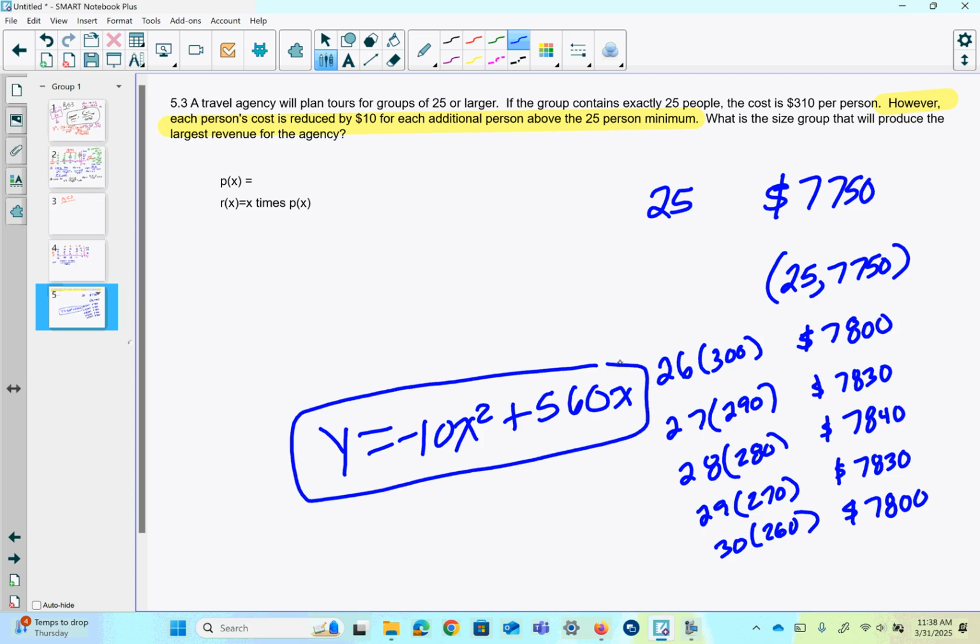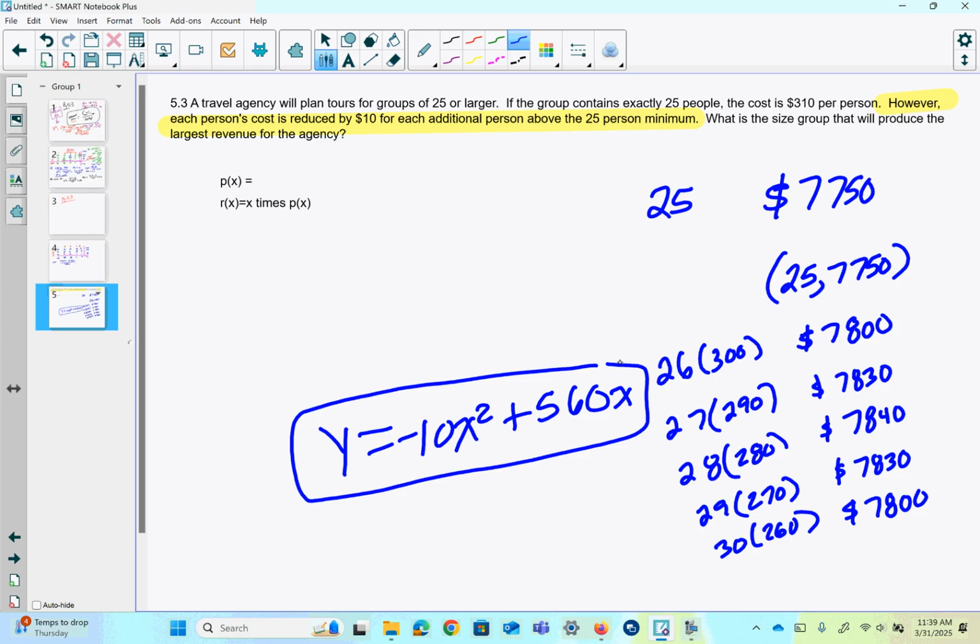Okay, so that seems to work. Is that what I came up with when I was working it out? Oh, I'm off one spot. All right, so I agree with that.